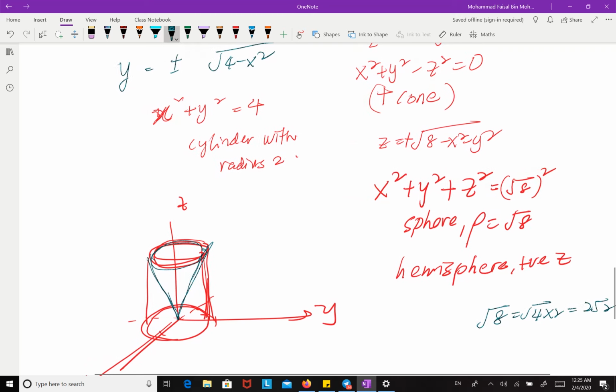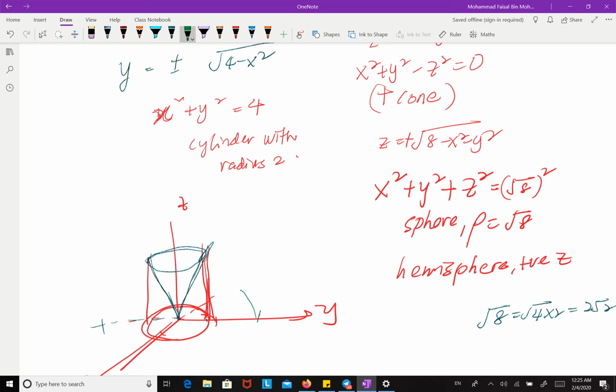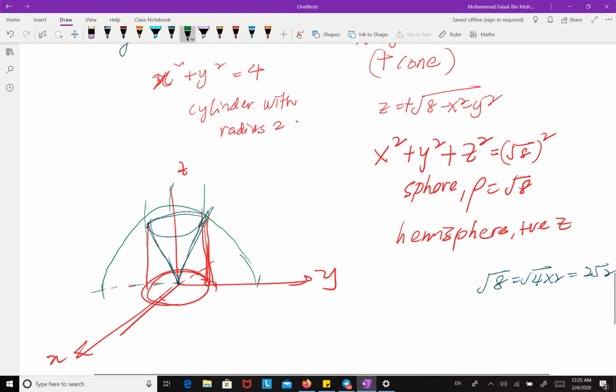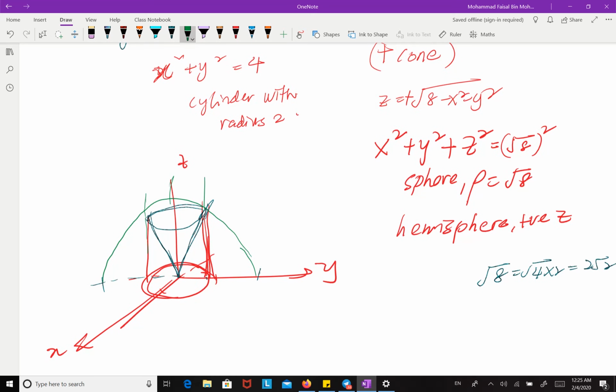So 2 square root 2 will be bigger than 2, so I extend these lines here. Yes, it should be bigger.